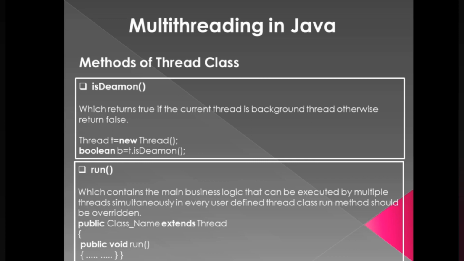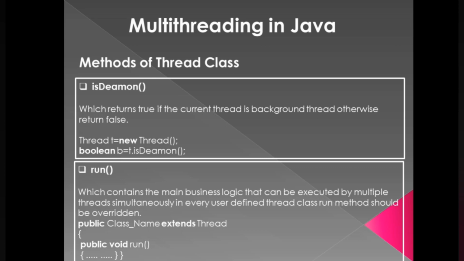Next one we have the isDaemon method, which returns true if the current thread is a background thread, otherwise returns false. Here is the example: Thread t = new Thread(); boolean b = t.isDaemon().